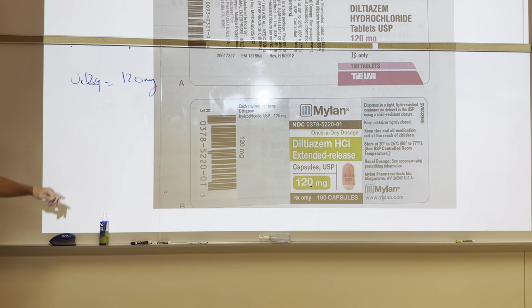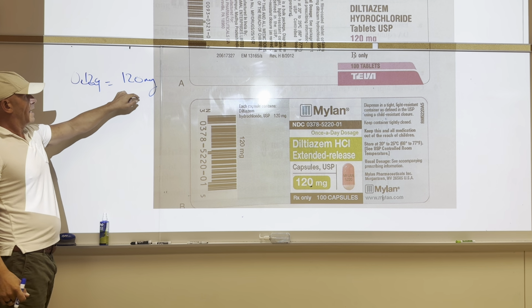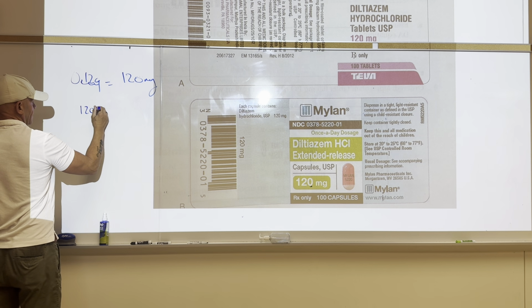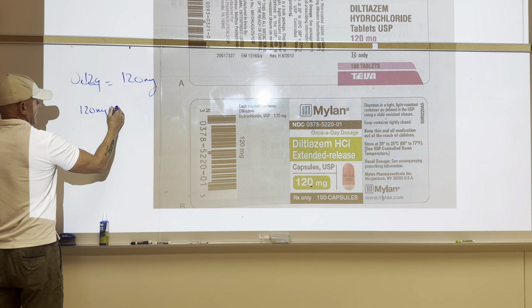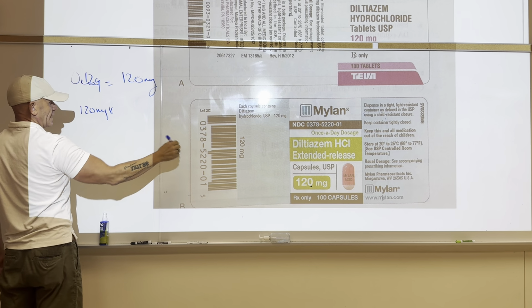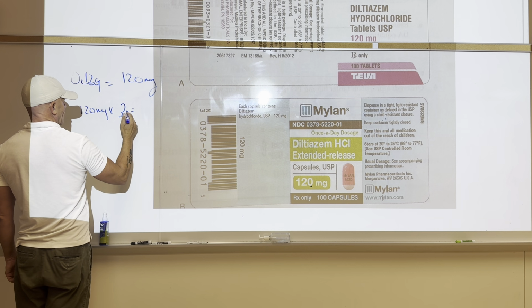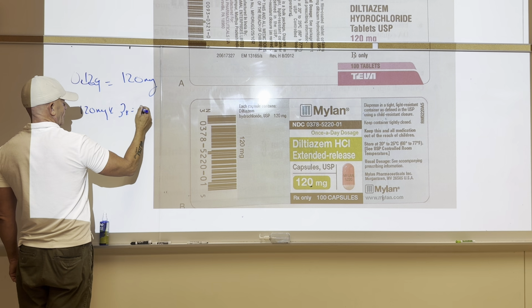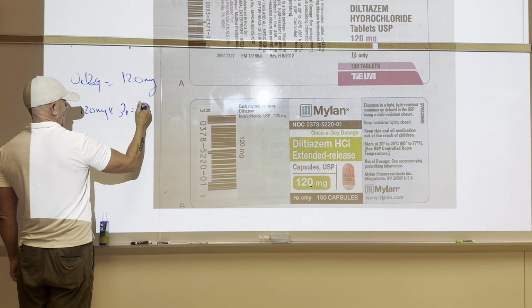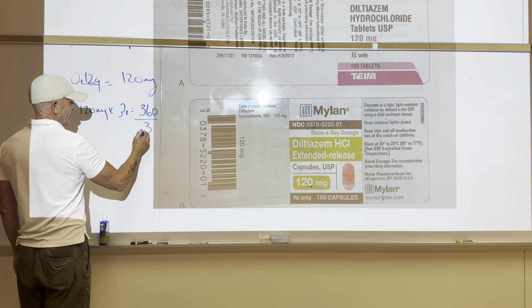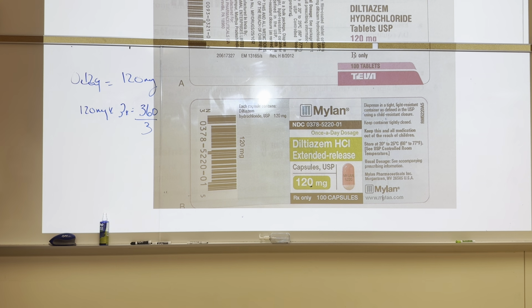If I see you do this on the test, and then I see you go 120 milligrams times TID, what's TID? 3 times, equals 360.